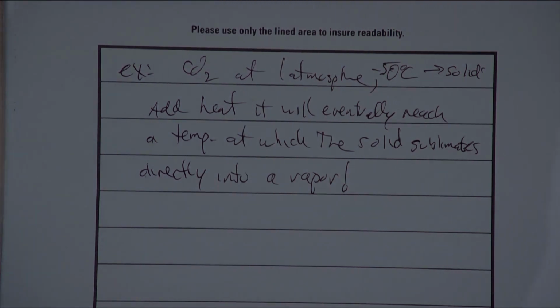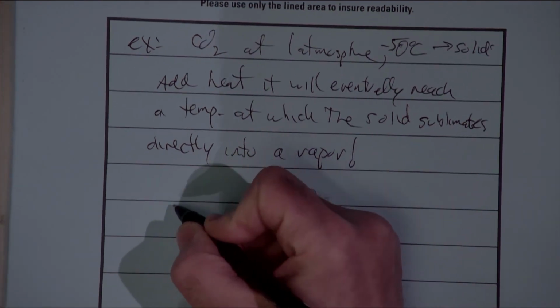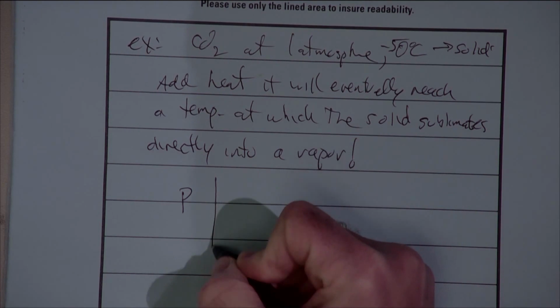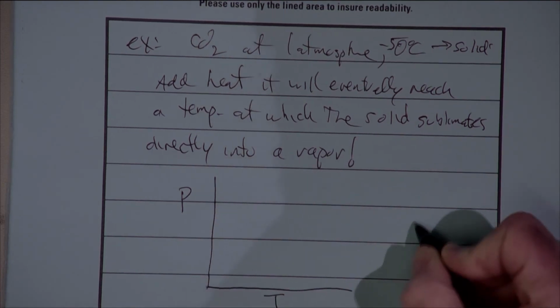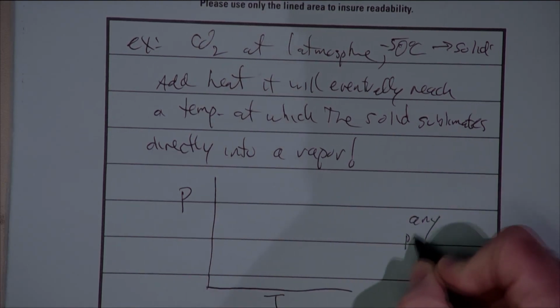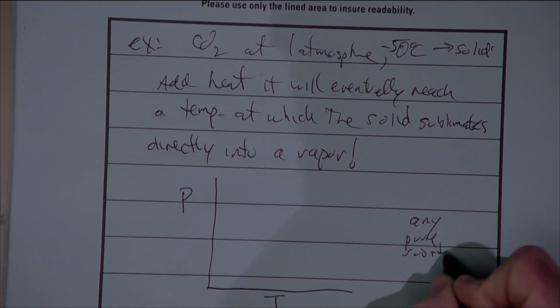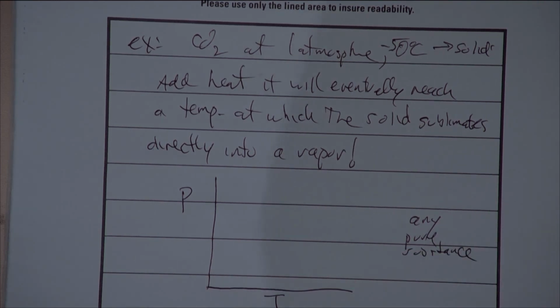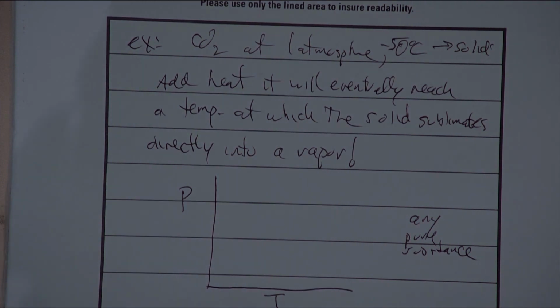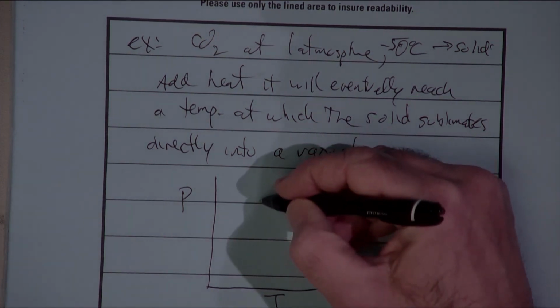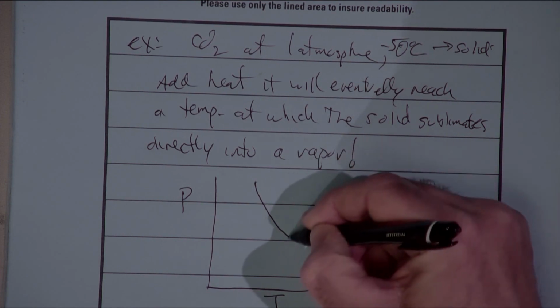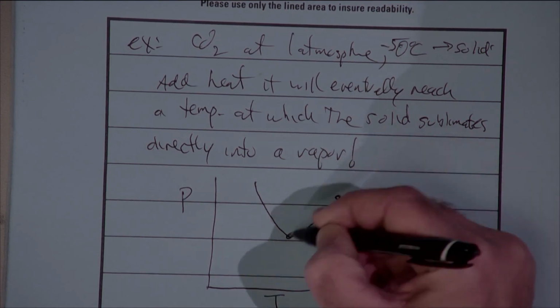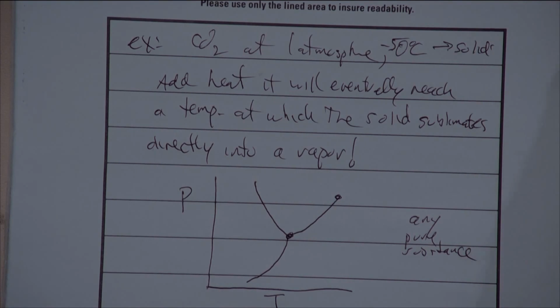So what I'd like to do at this point is put a drawing on the board. If I were to just plot pressure versus temperature for any pure substance, I will be able to notice definite regions. I would notice a pattern that looks like this. So I would just take data. I mean, I'm not inventing anything here.